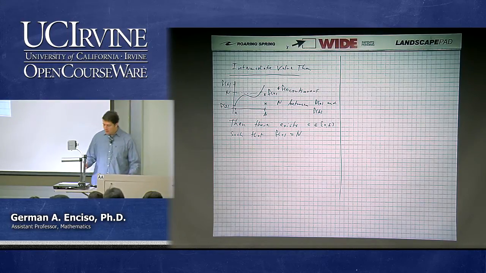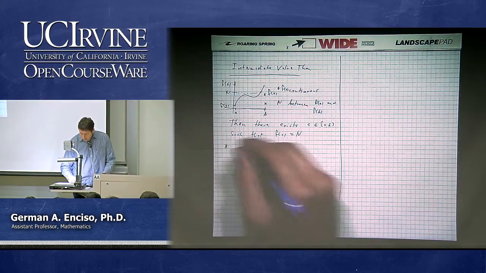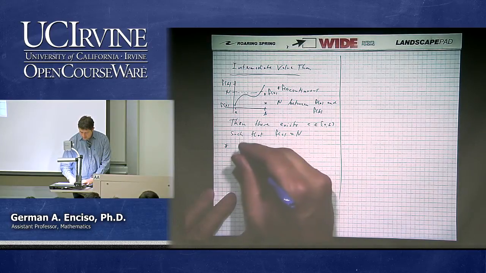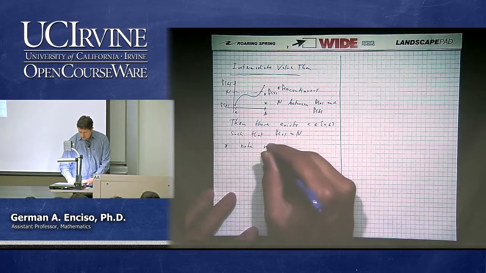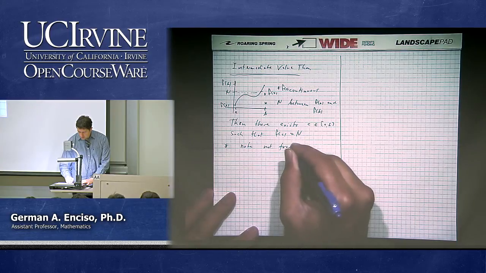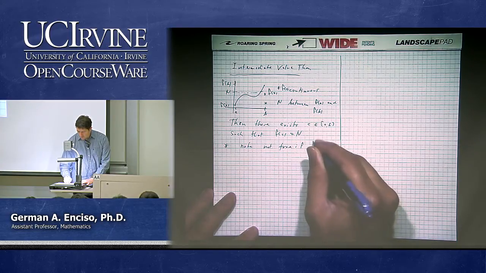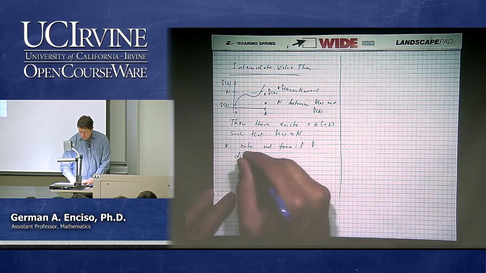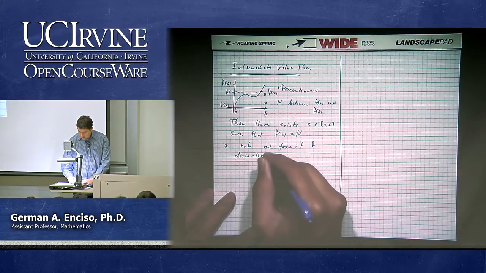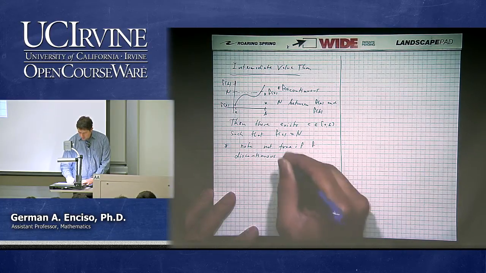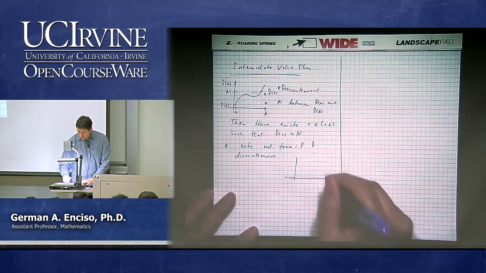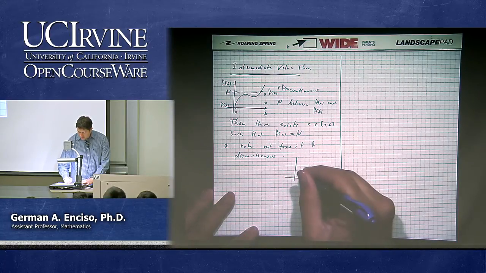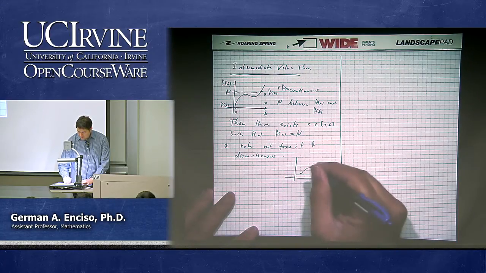And also, it is not true for discontinuous functions. Not true if f is discontinuous. What could happen if the function is not continuous? Well, what could happen is something like this.